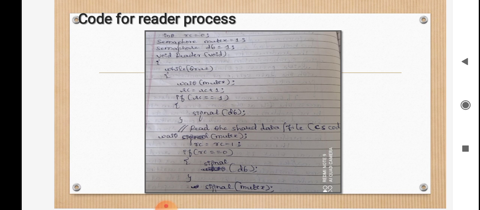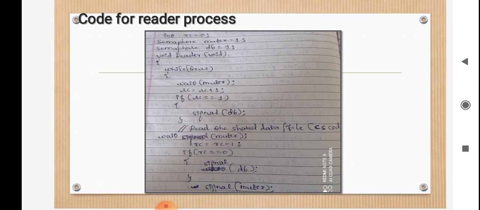Before explaining the code, you should know the initialization of the variables. In this code of a reader process, mutex and db are the two binary semaphores having the initial value of 1. As you can see, semaphore mutex is 1 and semaphore db is equal to 1.